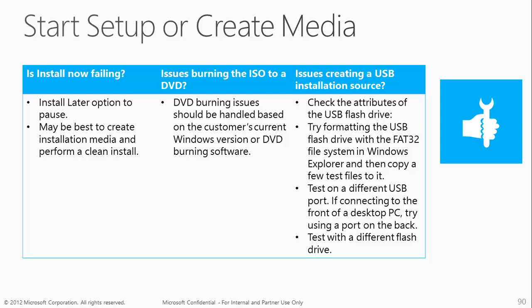I'd manually create that partition using DiskPart, mark it as active, assign it a drive letter, quick format it as FAT32, and then just extract the contents of the ISO to the USB key. And at that point, you've got a bootable USB key that you can use to perform Windows installations.